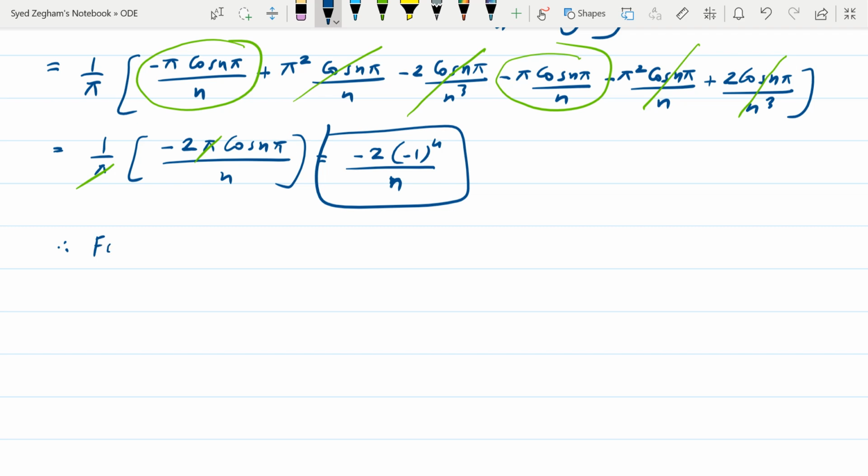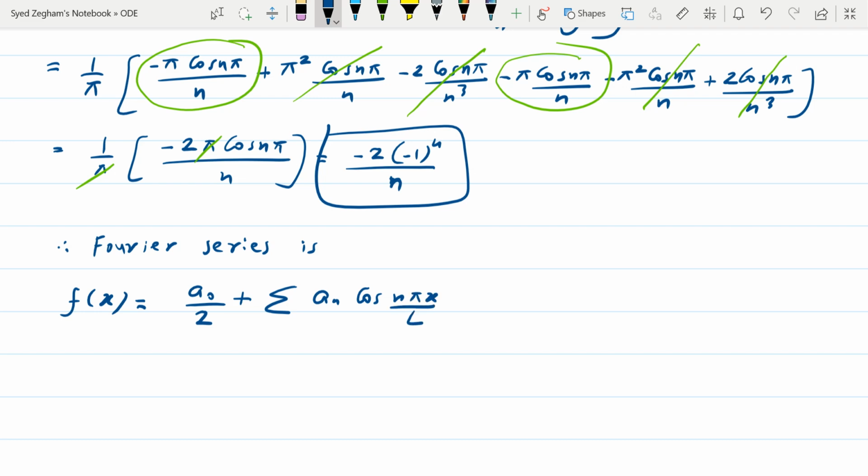Therefore, the Fourier series is, what is the formula for Fourier series? f(x) is equal to a naught divided by 2 plus summation an cosine n pi x over L plus summation bn sine n pi x divided by L. You have both the values, or in fact all the three values you have.